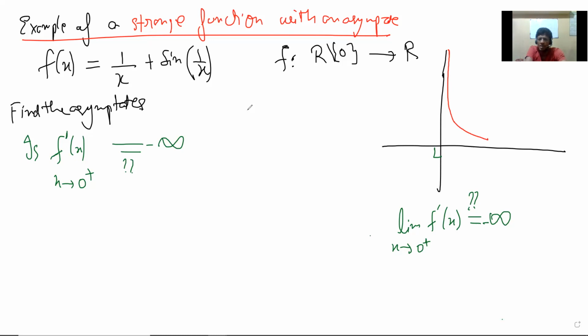So this is the interesting thing. In fact, it will not be minus infinity. You try to work it out, and then we can form the explanation.